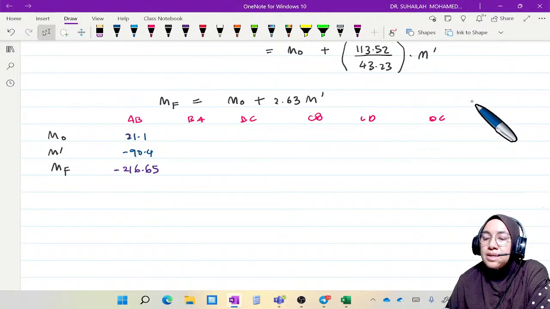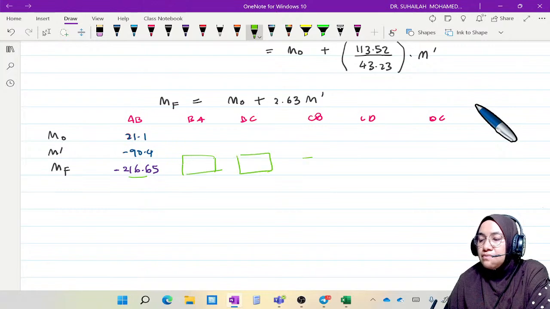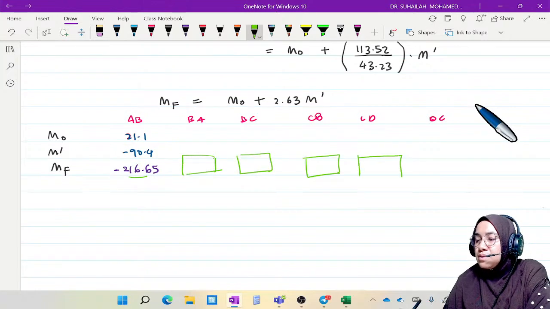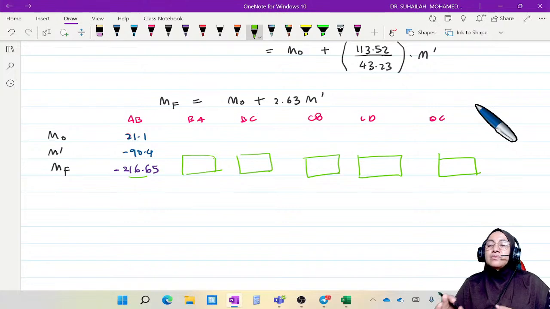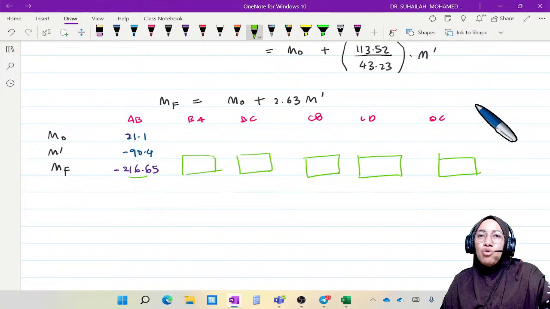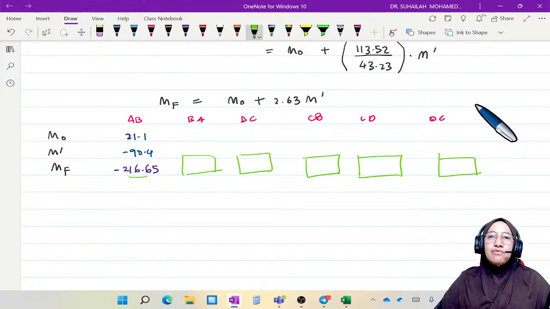So this is actually the answer. We have to complete this value, this value, this value, this value and this value. So all these 6 are the member end moments in the sidesway frame.